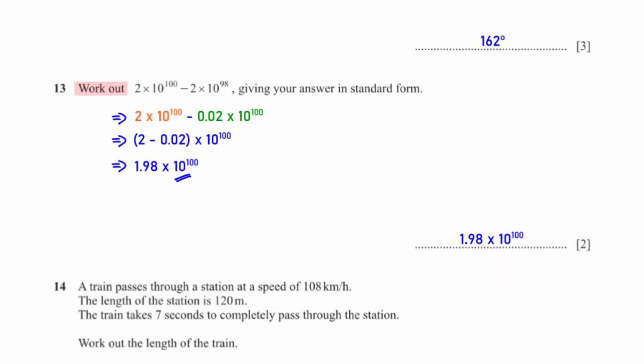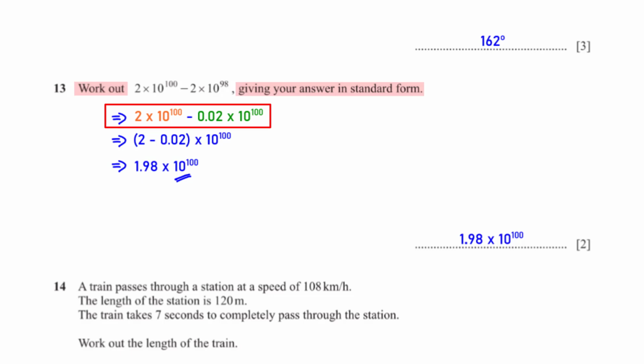Work out 2 times 10 raised to the power 100 minus 2 times 10 raised to the power 98, giving your answer in standard form. First, we can rewrite 2 times 10 raised to the power 98 to a power of 100. To do this, we multiply 10 raised to the power 98 by 10 squared, which gives us 10 raised to the power 100.